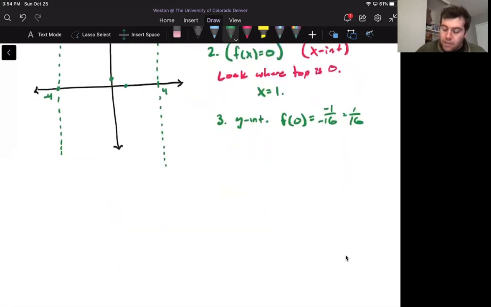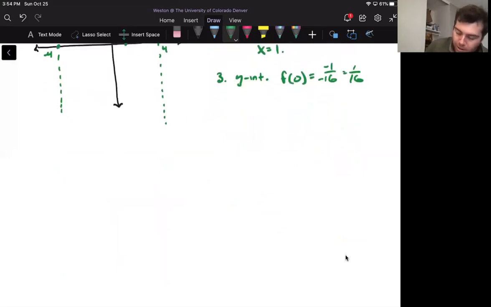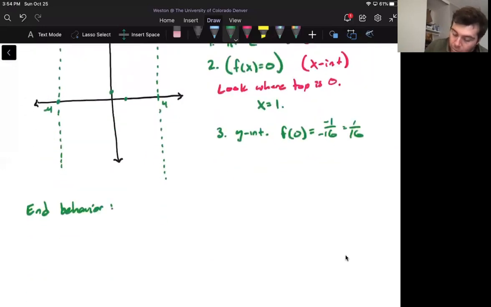So for this one, we have to think a little bit harder about end behavior. We have this function, it's x minus 1 over x squared minus 16. So what happens for large x?